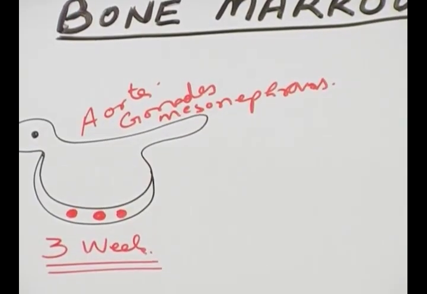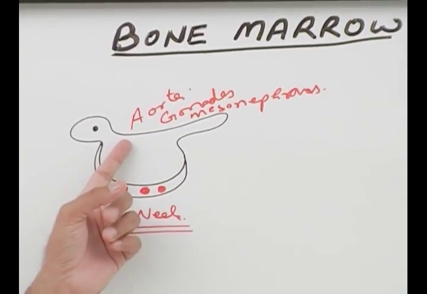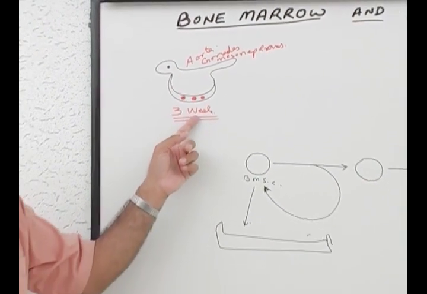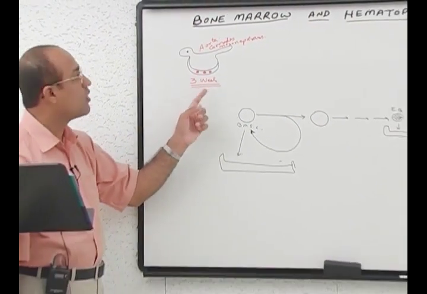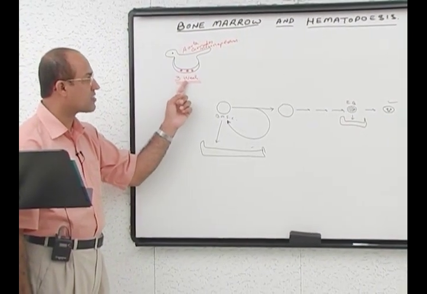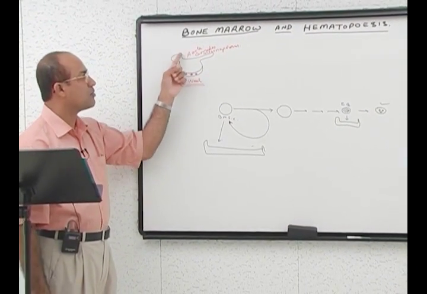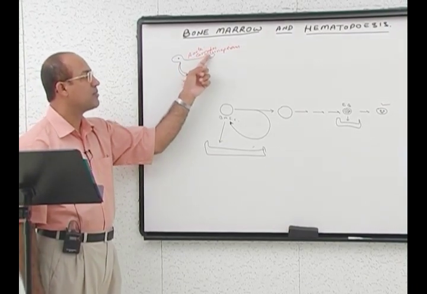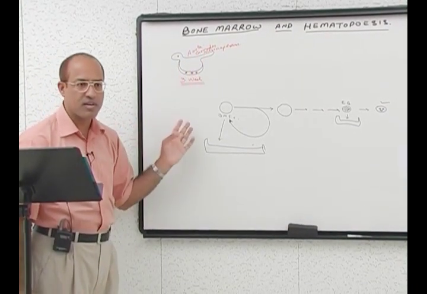So what we have learned is that the stem cells responsible for hematopoiesis, that is, formation of RBCs, WBCs and platelets, first appear in the yolk sac, but they also appear in the mesoderm of the aorta, gonads and mesonephros.